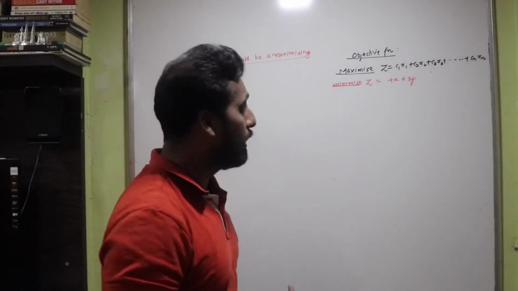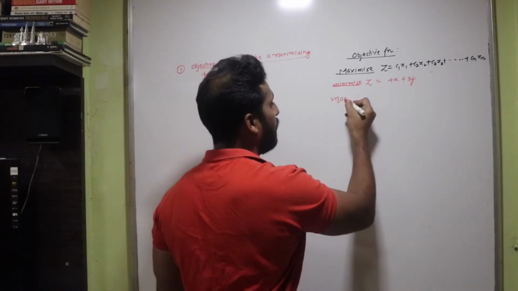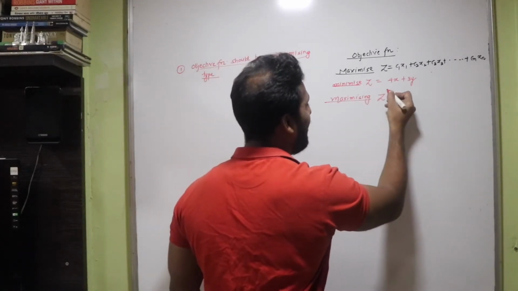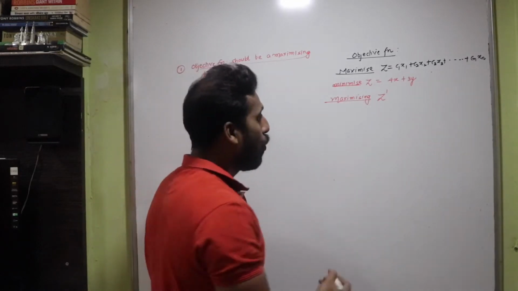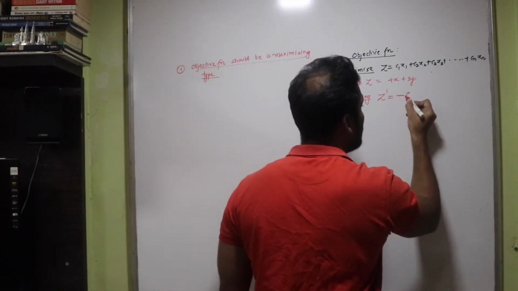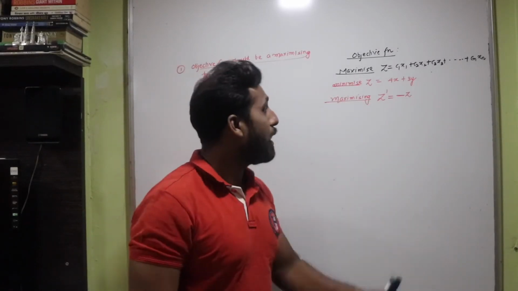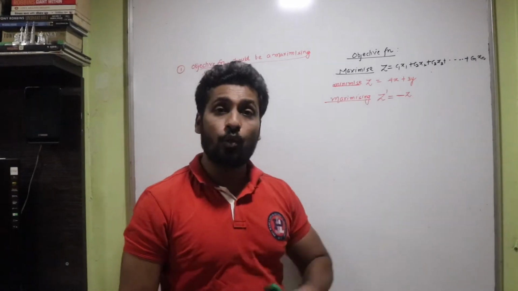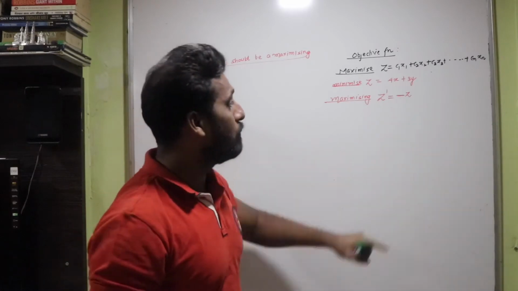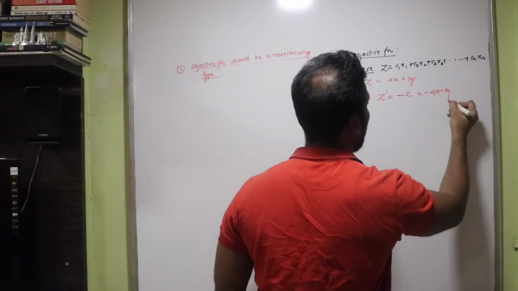So what I'll be doing here is transforming this into a maximizing objective function by writing z dash, which is equal to, this is very important, minus of z. So what I did here, I simply multiplied the minimizing objective function with a minus sign, with a negative sign. So z dash is equal to minus of z. So I'm going to write it, this is equal to minus of 4x and minus of 3y.